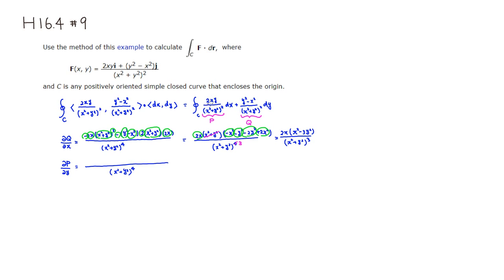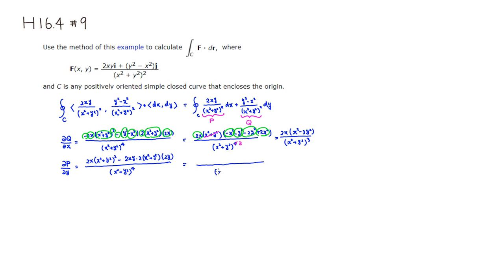Now we have the partial of the numerator with respect to y, so we have a 2x, times the denominator x squared plus y squared, minus 2xy multiplied by the derivative of the denominator, which is 2 times x squared plus y squared multiplied by the partial of the inside with respect to y, which is 2y. If you clean this up, you're going to get this.